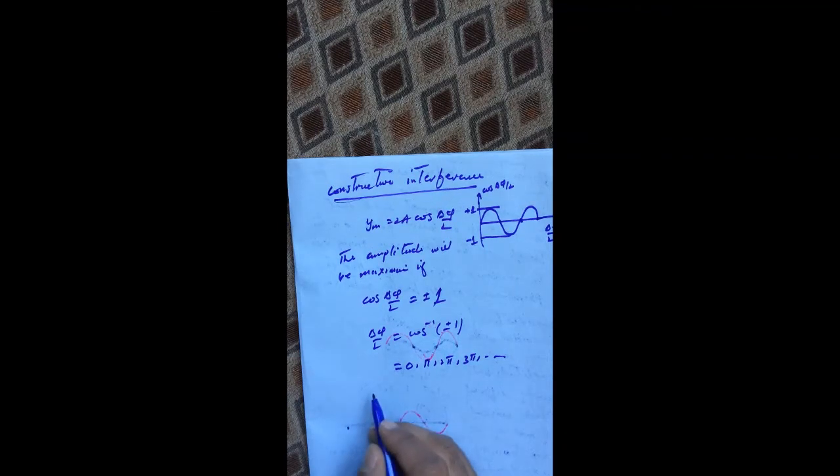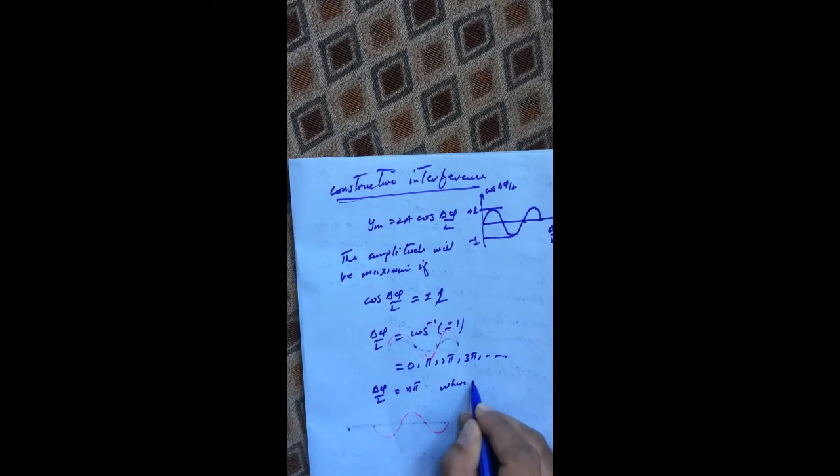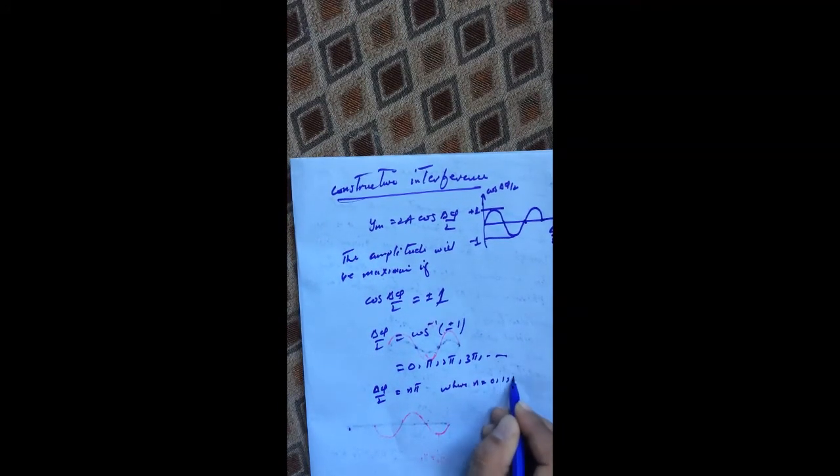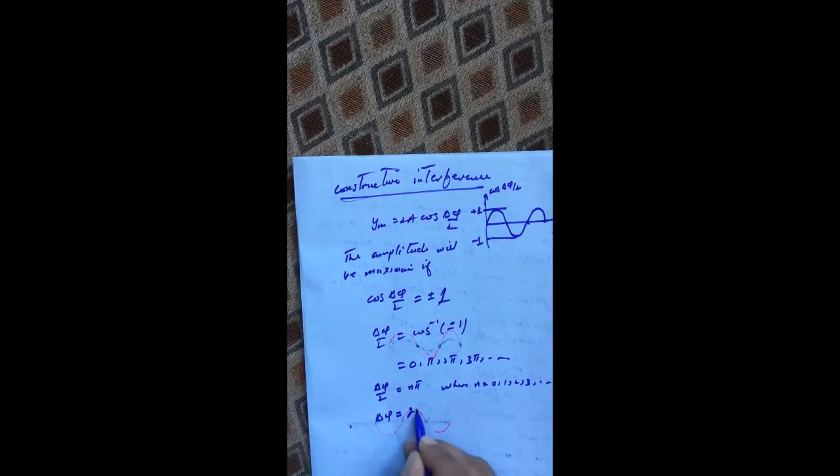So this implies that Δφ/2 will be equal to nπ, where n is equal to 0, 1, 2, 3 and so on. So Δφ is equal to 2nπ.